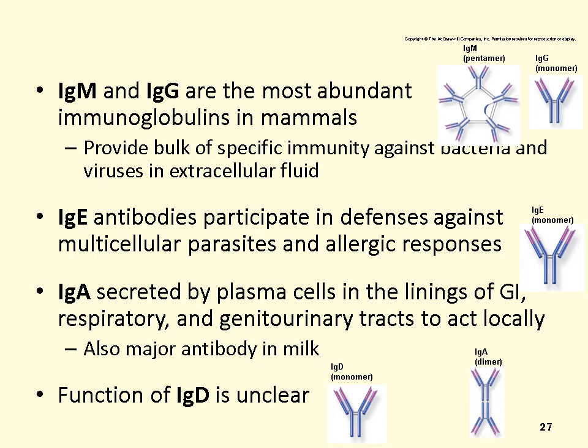Some of the structures here, just again, I would be familiar with the qualities of each of these antibody types. For instance, IgE is important in airway and gut. IgA is important in the gut. IgD, well, that's a fourth-year question.